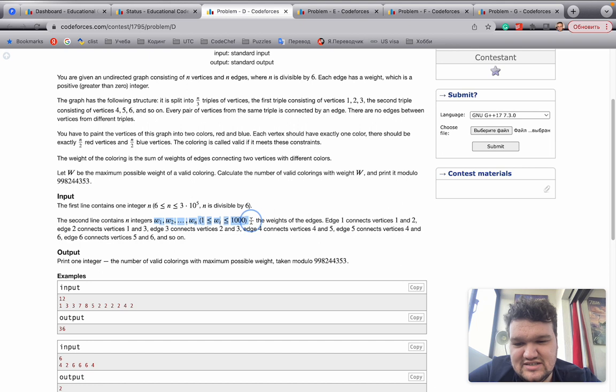All the weights are strictly positive, so to get max weight we would like to take just the 2 maximums from each triangle. We can always do that. In half of the triangles we will have 2 red and 1 blue vertex, and in the other half 2 blue vertices and 1 red. So we have to have this structure.